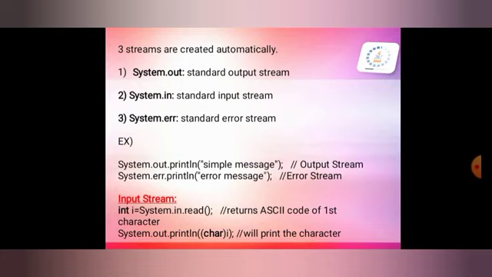After getting the input data, the character will be converted into an ASCII code, and the ASCII code is stored in an integer variable i. After that we use the System.out.println statement to print the character on the monitor.